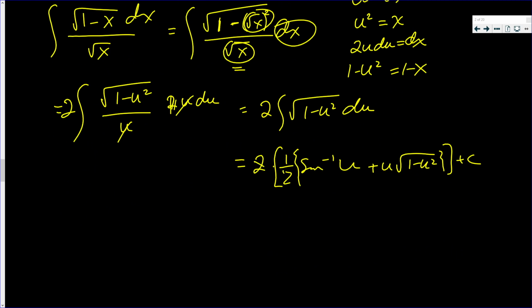Well, it turns out that that cancels, so you just get the sine inverse of u plus u square root of 1 minus u squared plus c.